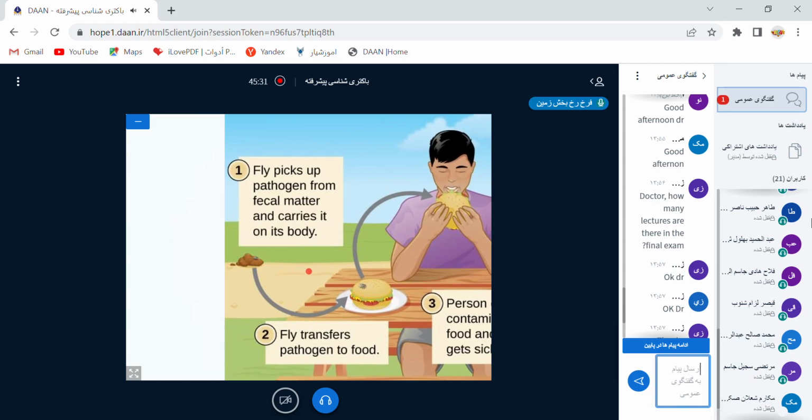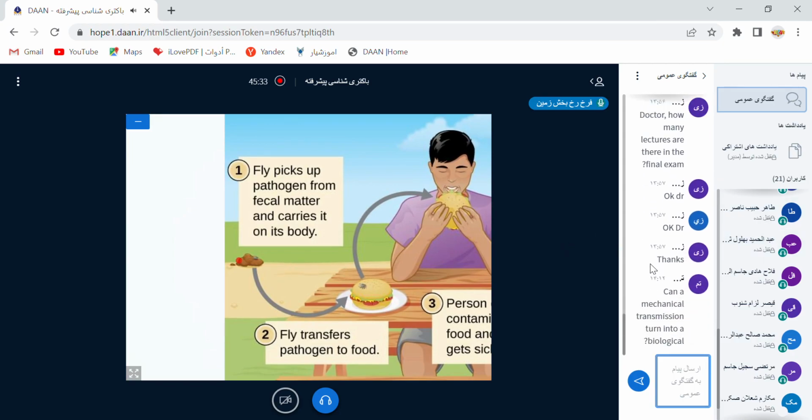So by different ways, this bacteria can come to food or vegetables or water, and this fly is not the only way. And this fly is not infected, only a carrier. This fly doesn't have any problem.